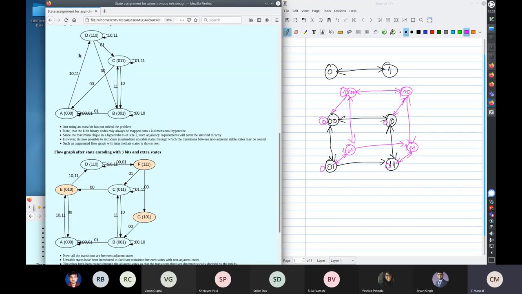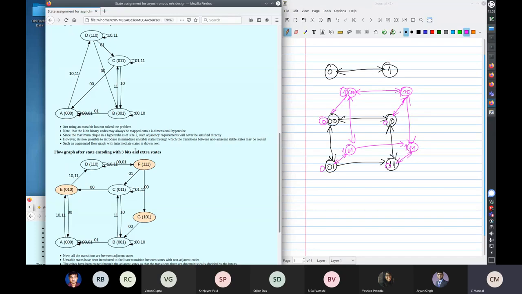So essentially what you have done is you have embedded this transition graph, along with the edges, onto this hypercube, and of course in doing so you had to recruit some new nodes which allowed you to make the transitions safely.